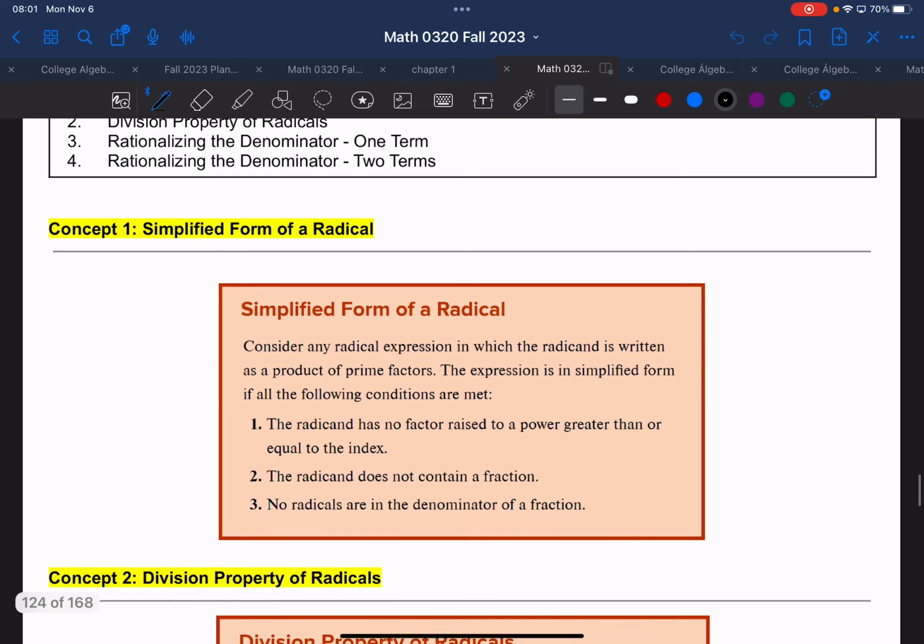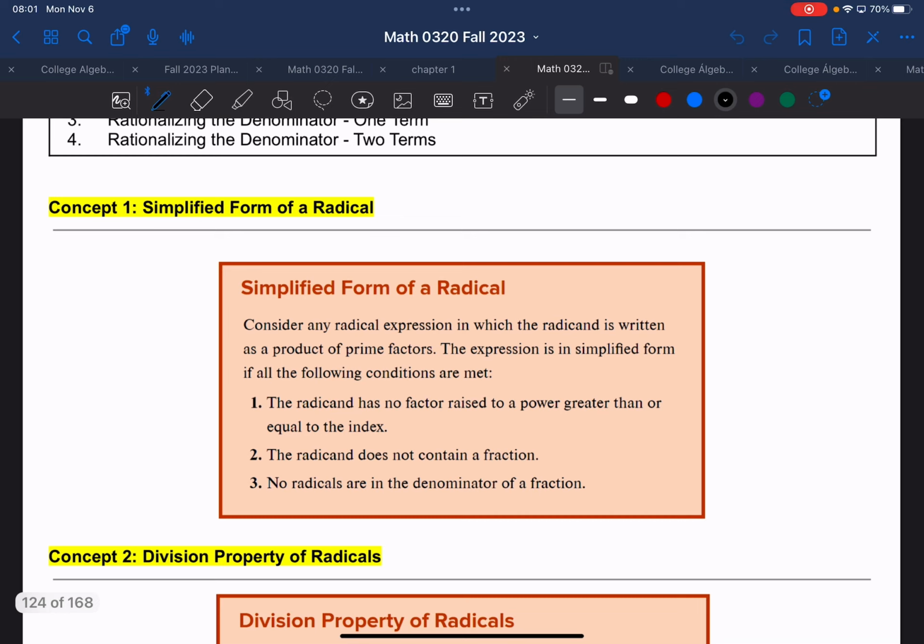So the first concept here is the simplified form of a radical. We're just looking at these three criteria here. These criteria are the same ones from the previous notes. It's just rewritten here so you have it again.